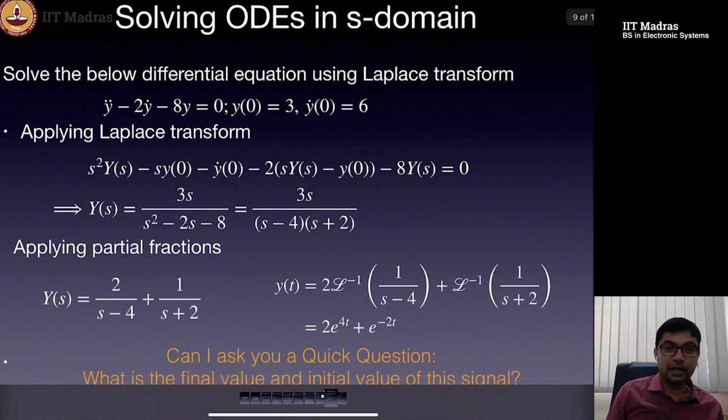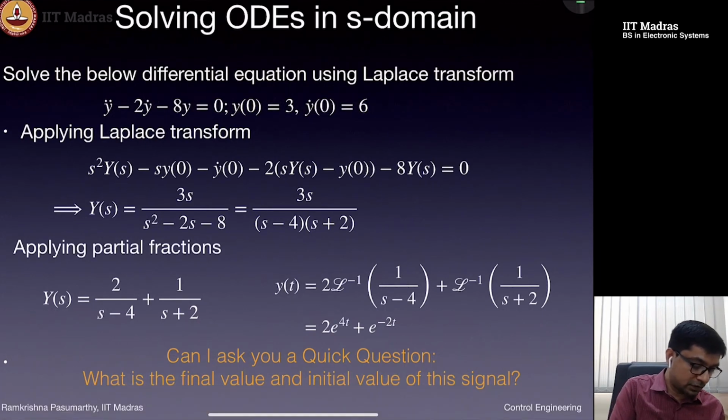I have y double dot plus 2y dot minus 8y is 0 with some conditions for y of 0 and y dot of 0. I do the Laplace on both sides. Double derivative becomes s square, single derivative becomes s. This remains as it is.